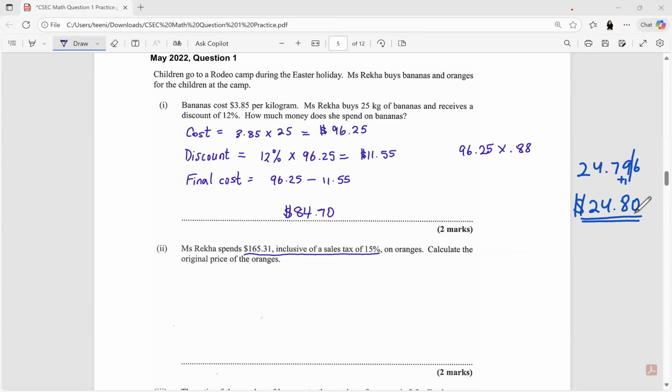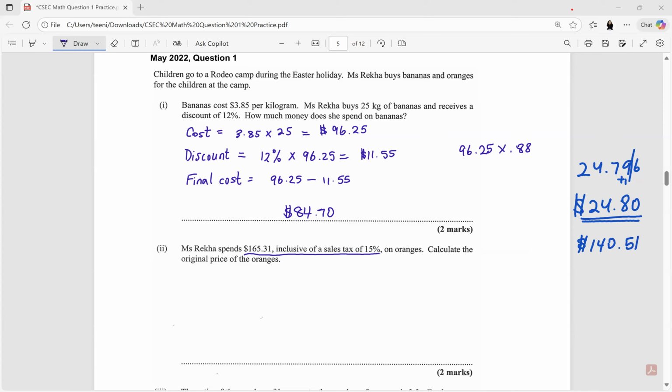Then we subtract $24.80 from $165.31, and that would be $140.51.